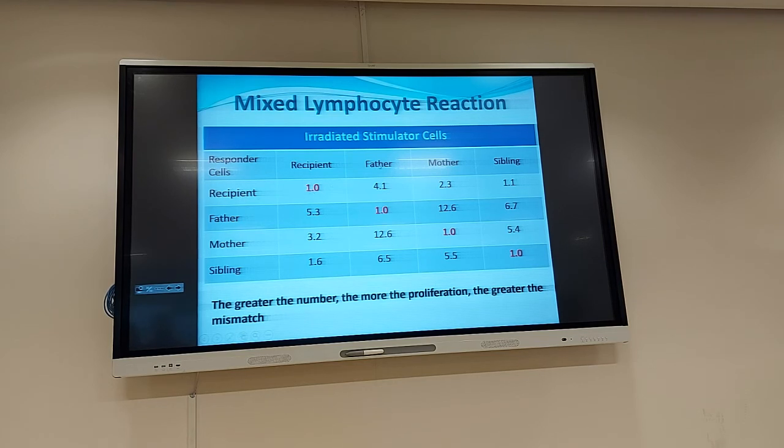If you add the father's cells to the recipient's irradiated targets, you see a proliferation index of around 4. The mother has an index of around 2, so she's not as reactive as the father. And the sibling has 1. So what does that tell you? What's the best donor? The sibling, right? So this is basically the essence of this type of test.